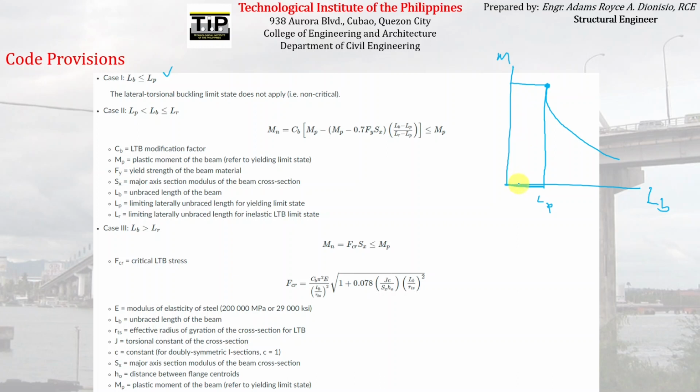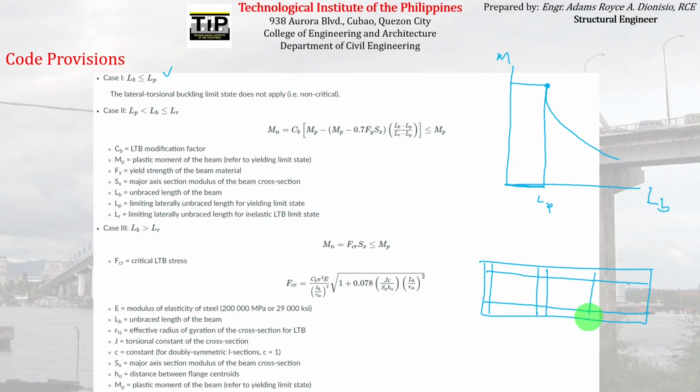Okay, if you will be able to ensure that the spacing between the braces, lateral braces, will be within the limits of LP. Okay? If you will make sure na yung spacing nitong mga lateral braces, drawing ko lang ulit. If this is the elevation view of an I section, tapos ito kunyari yung mga lateral bracing niya.